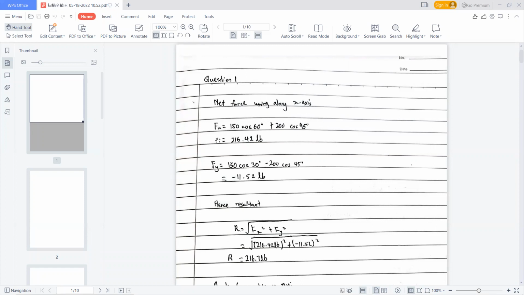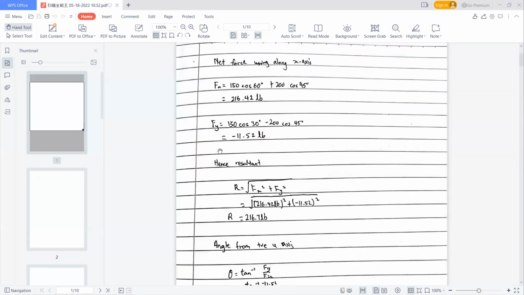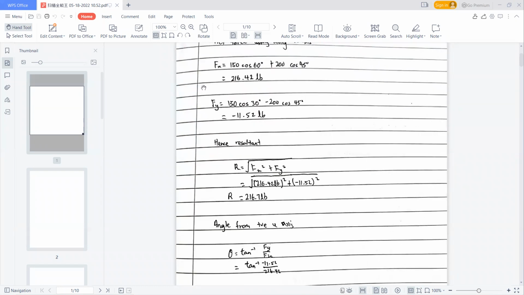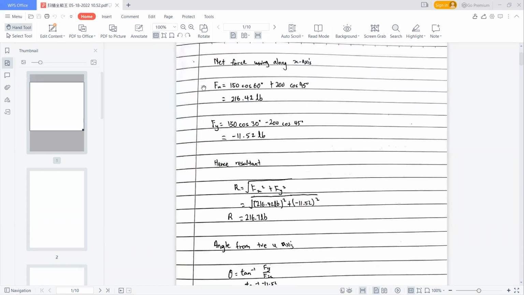So we will get the answer, which is 216.42. For the net force along the y-axis, we use the formula 150 cos 30 minus 200 cos 45. So we will get the answer, which is negative 0.52 for the net force along the y-axis.